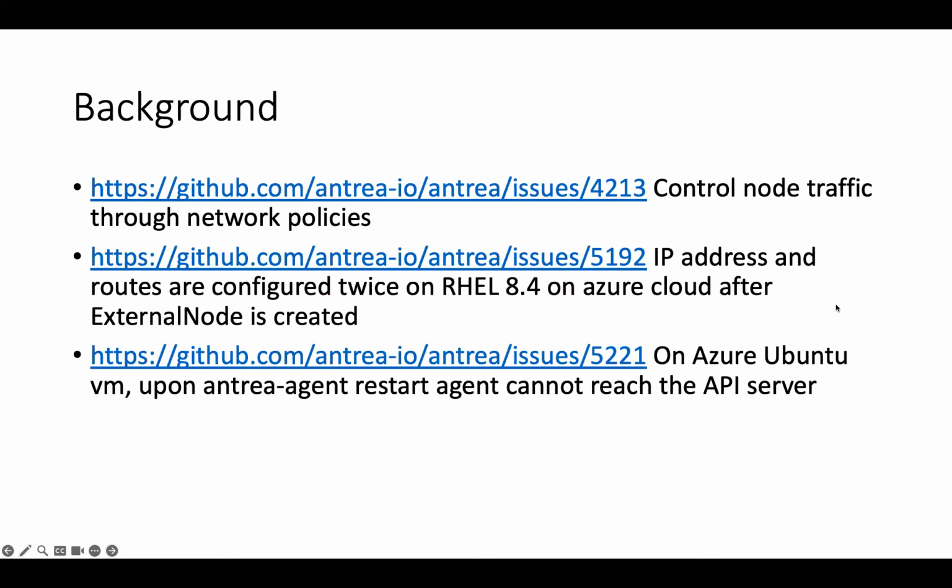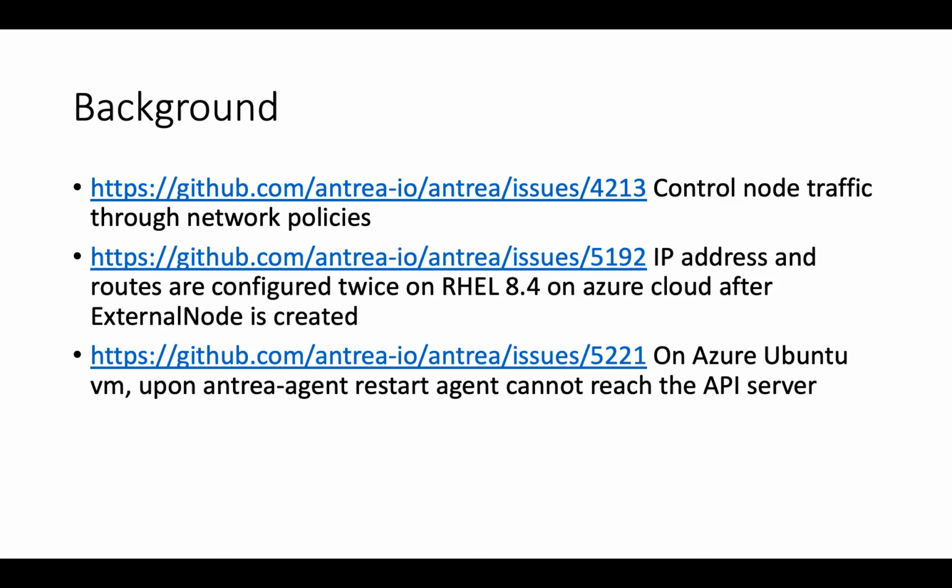About 1 year ago, we received several requests about whether Antrea could control node traffic through network policies using the same posture as Kubernetes network policy or Antrea network policy. And if you know the external node feature, you would know that they are actually very similar.